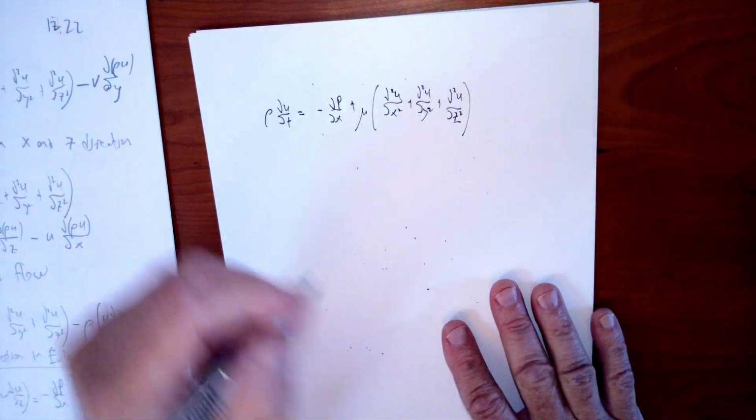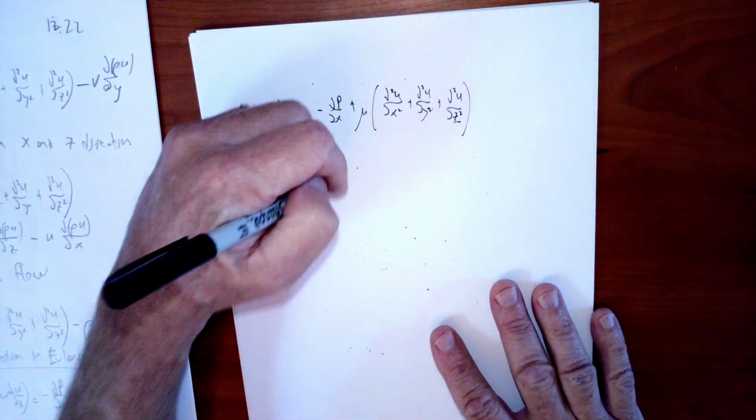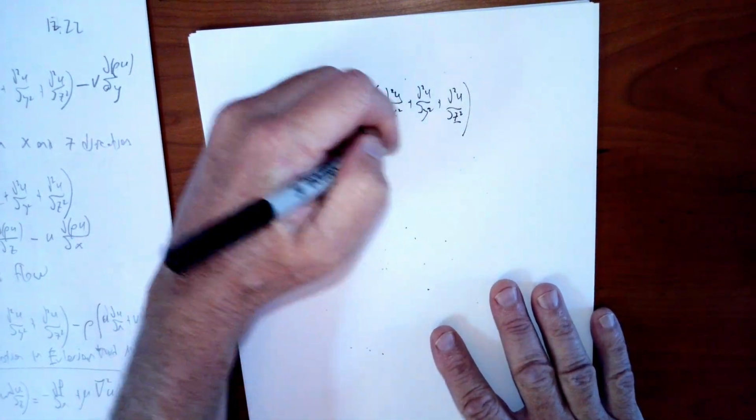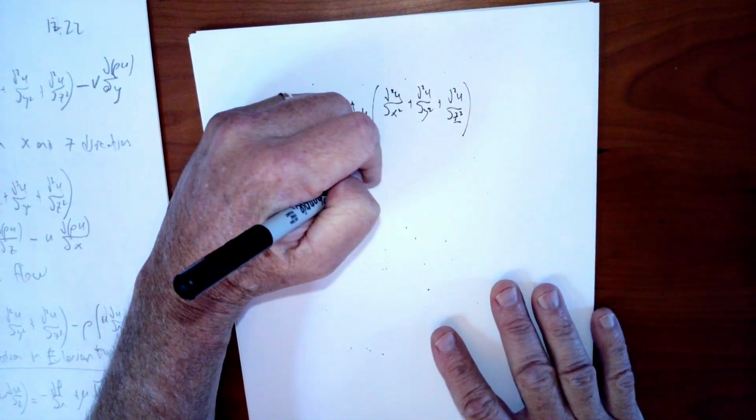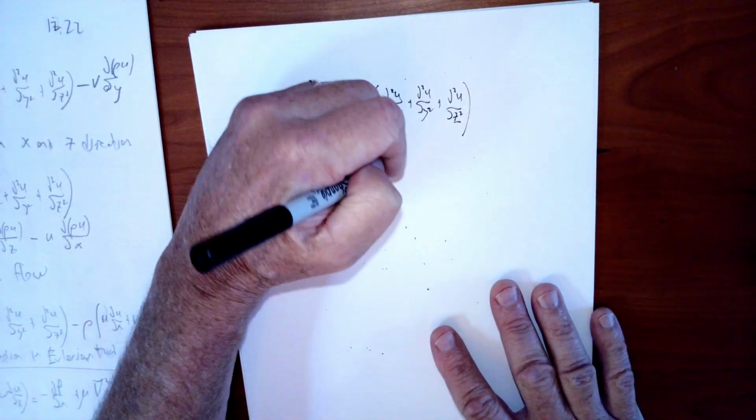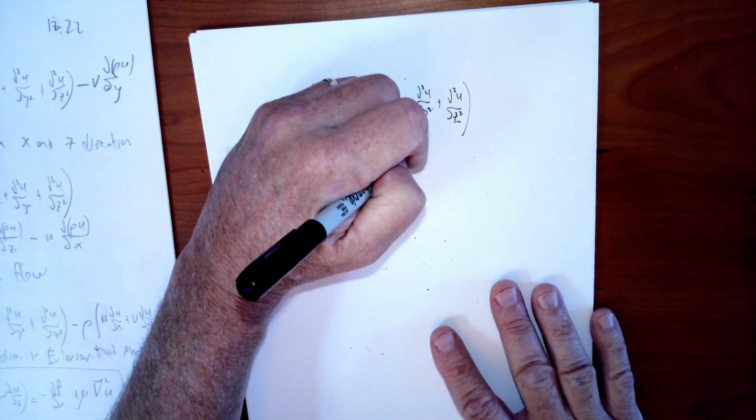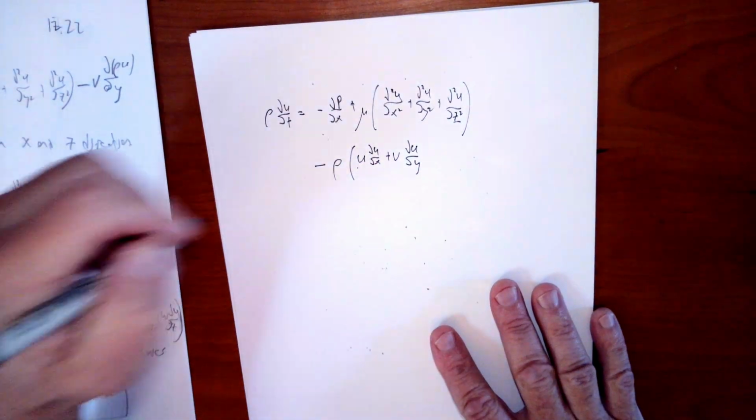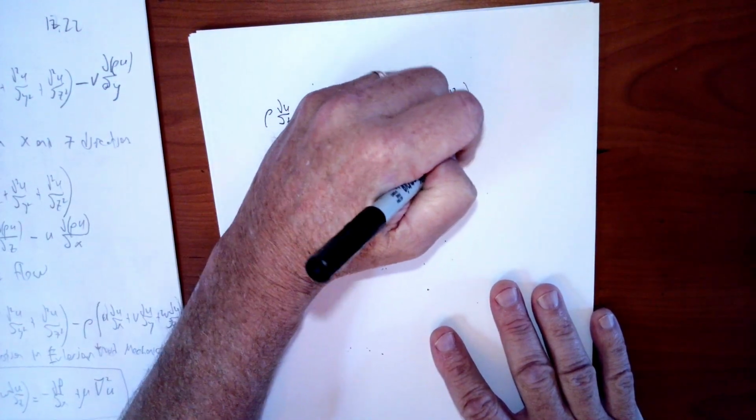And then we have these three terms that say, look, also fluid could be coming into our space from neighboring spaces, and that could change our velocity in u.